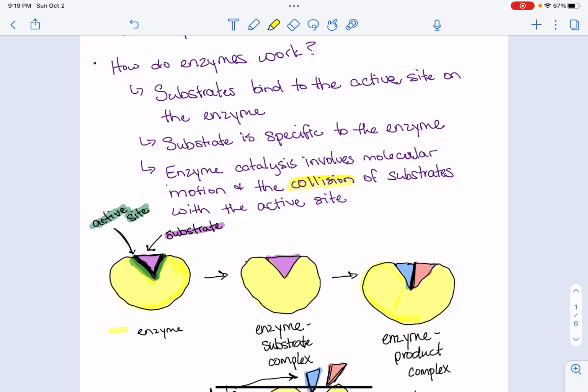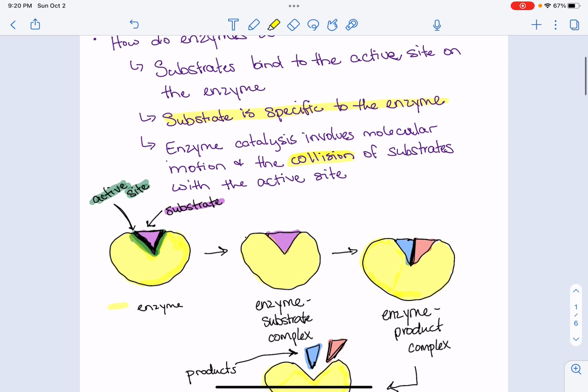And so substrates are specific to the enzyme. So if we're talking about amylase, amylase is an enzyme, and only starch will bind to amylase. So the substrate is specific to whatever enzyme it has. Okay, so the enzyme and the substrate will bind via the enzyme's active site.